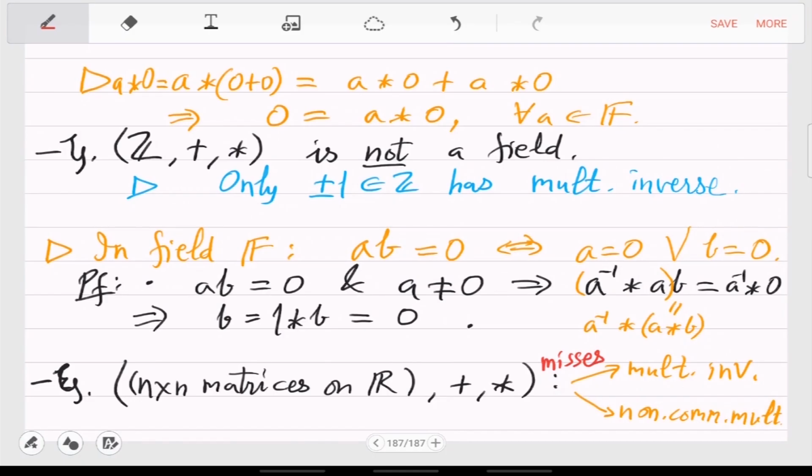That multiplication doesn't commute and multiplication will not have inverse, right? So here multiplication is essentially the problem. It's not a field.